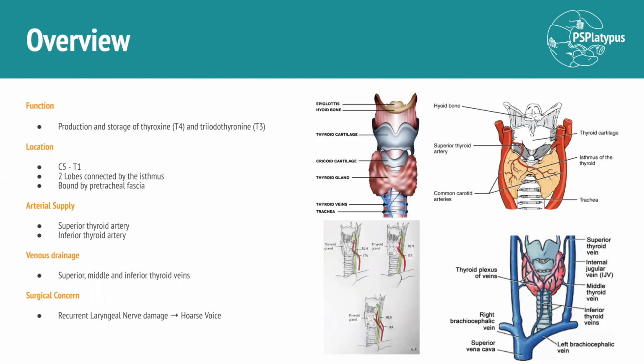However, the thyroid gland is closely related to a number of structures, the most notable being our recurrent laryngeal nerve, which runs very closely beside it, as noted in the image down below here. Because of that, paralysis and damage may occur to the nerve if caution is not taken. That would result in the muscles of the larynx being impacted, leading to a hoarse voice.